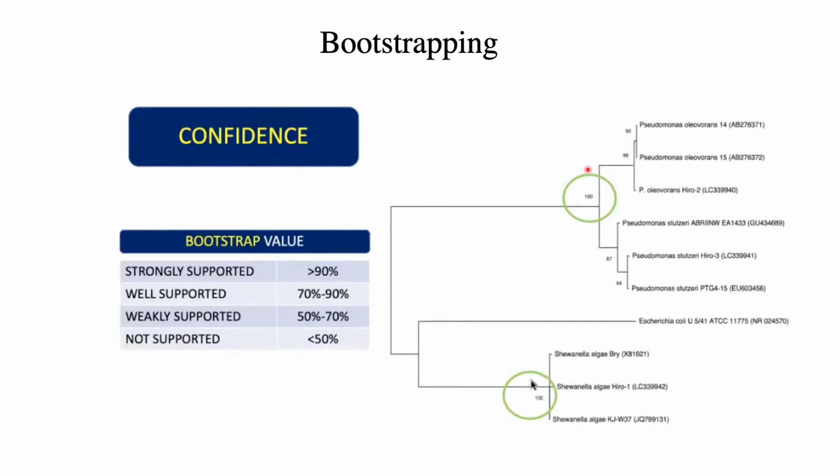So here, for example, in this tree, we could see the values for each branch. So these are the bootstrap values. So a bootstrap value of more than 90 is considered to be of high confidence, and a value less than 50 is considered to be less confident. So this is used to assess the significance or the confidence of a constructed phylogenetic tree.